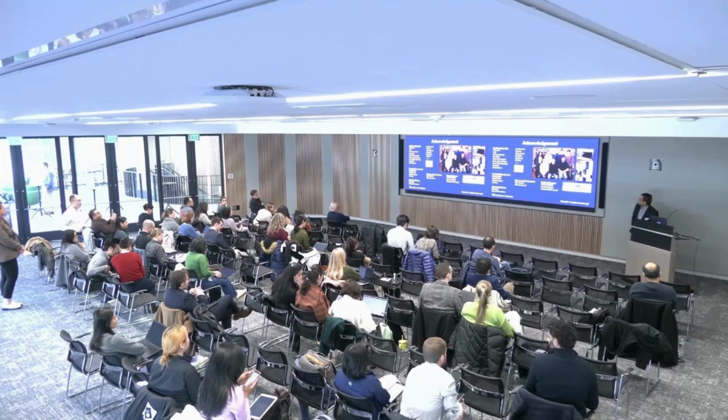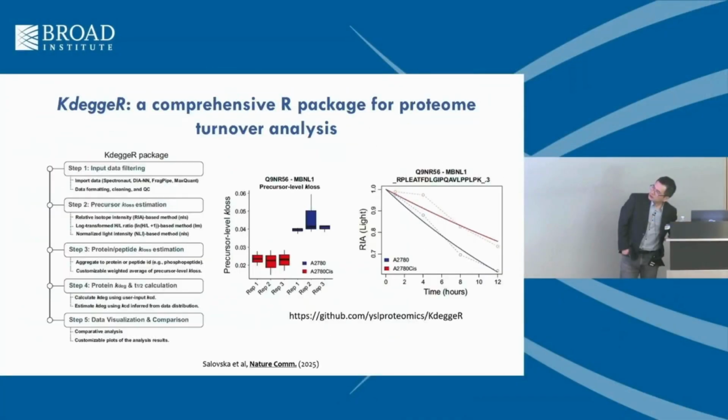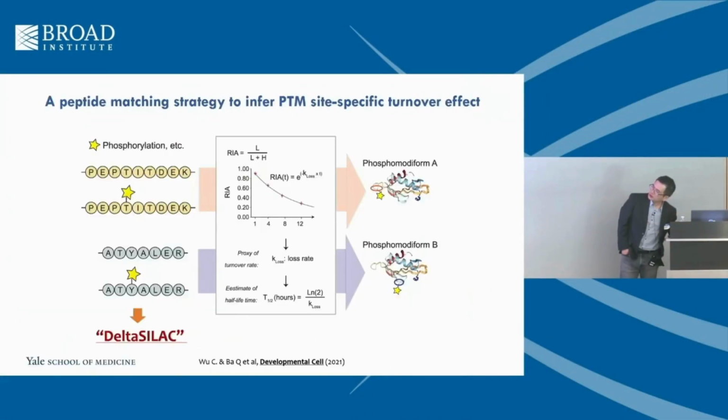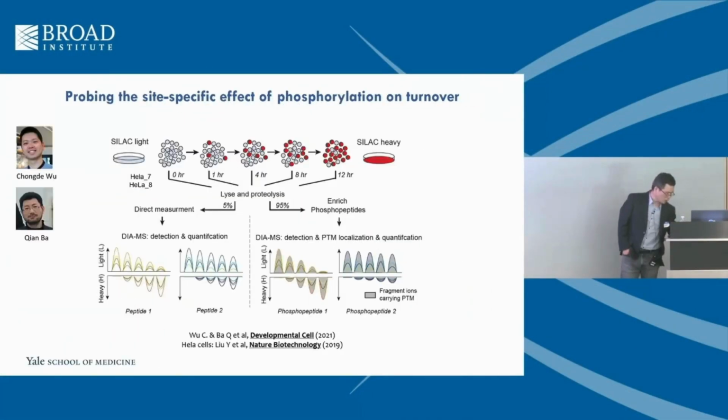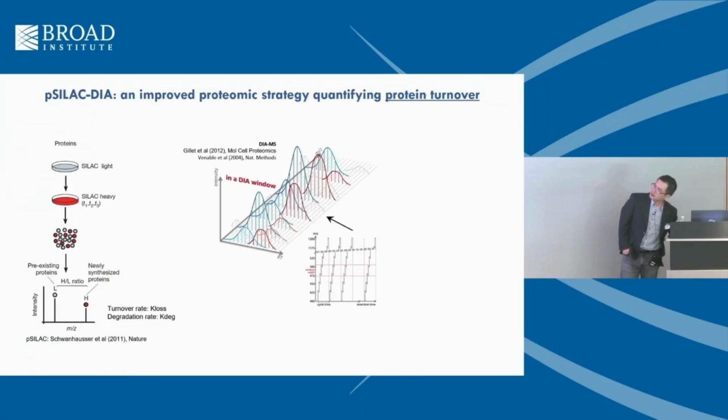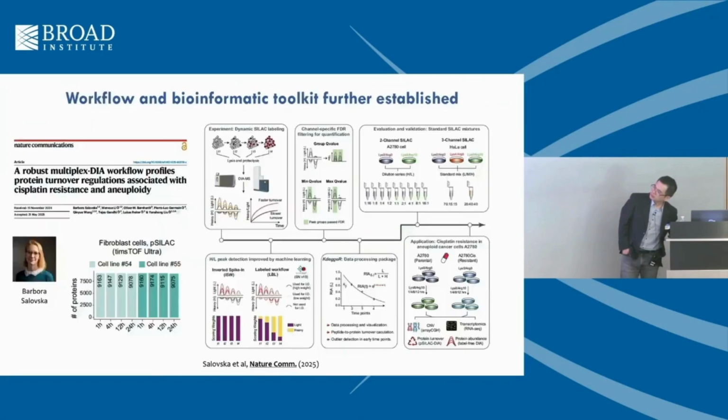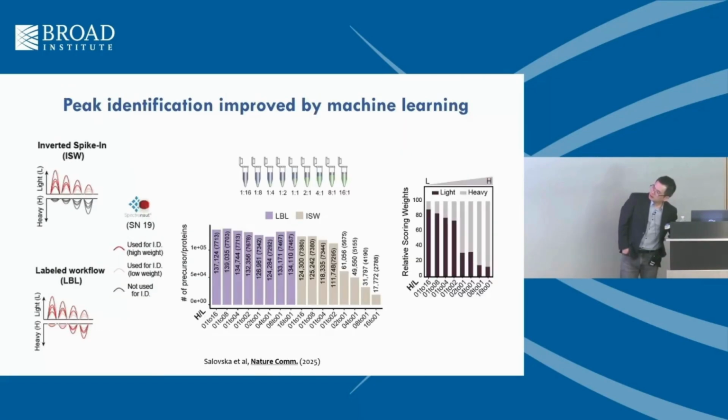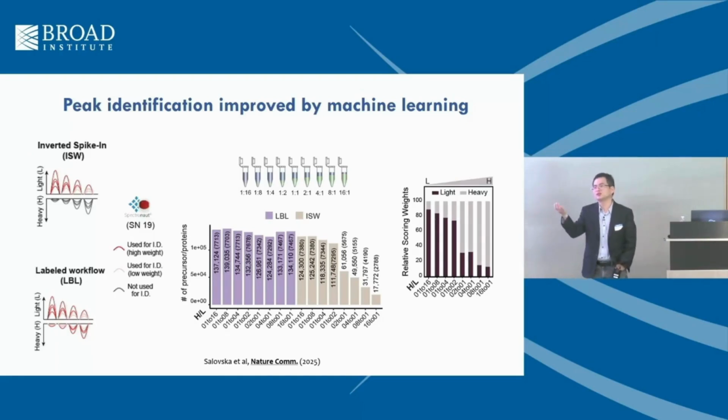Thanks. So to answer your question, in short, this is purely computational. For the same data set, you could choose to only use the light to do the identification, or use both heavy and light channels to do the identification.